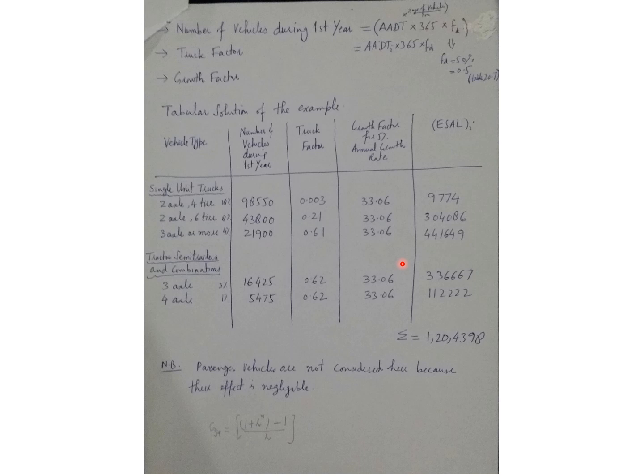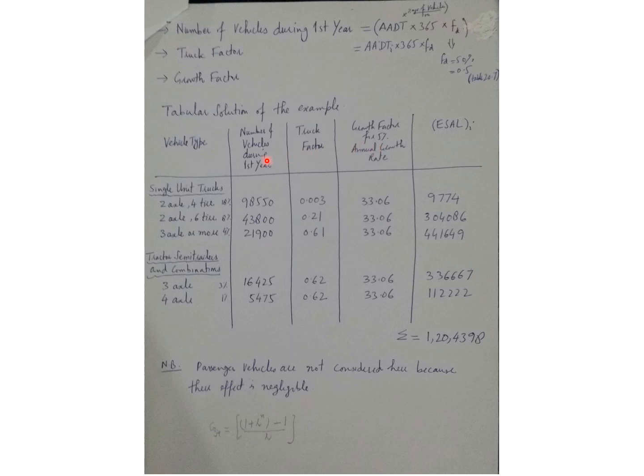Now it's time to use the formula that I showed on the previous slide. So equivalent single axle load can be determined. So in fact, what we are doing, we are just multiplying this with the truck factor, and the answer will be multiplied by the growth factor.